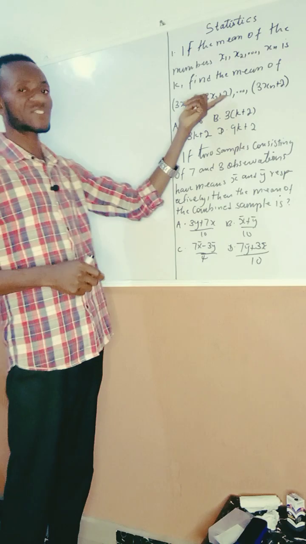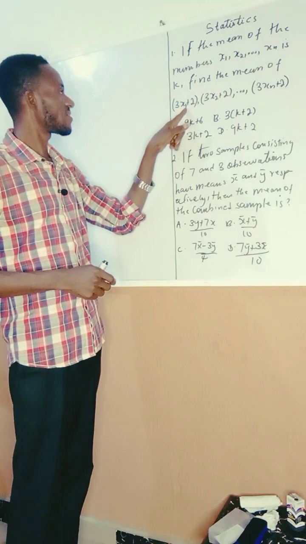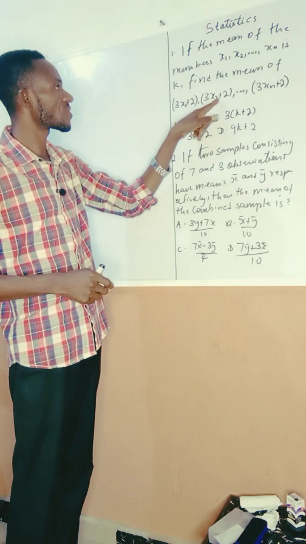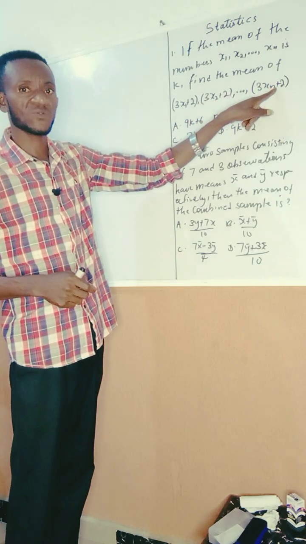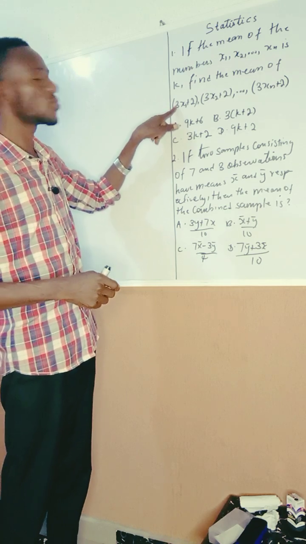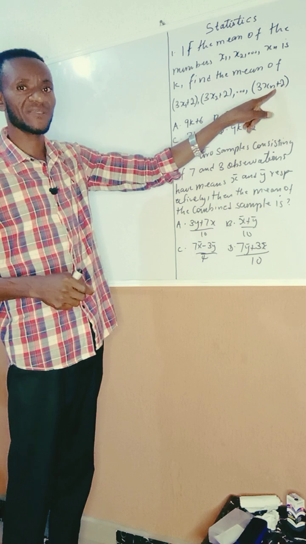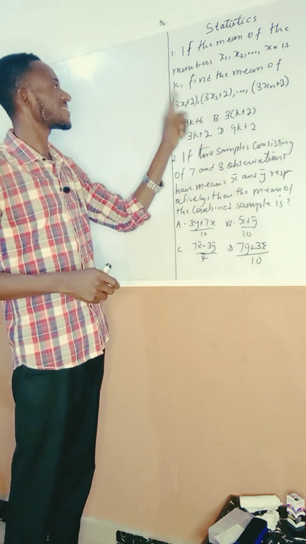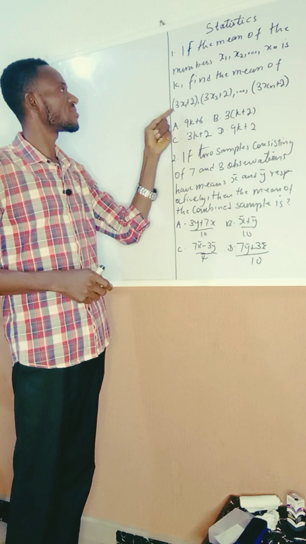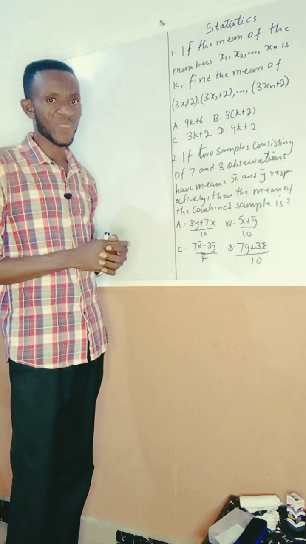In this case, the variables in x are having a subscript of 1, 2, down to n, while a particular constant 3 is used as the coefficient of the variables x1 to n, and a particular constant 2 is added to each of the terms ranging from 3x1 down to 3xn.